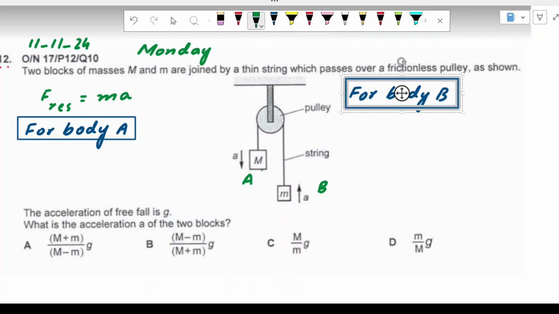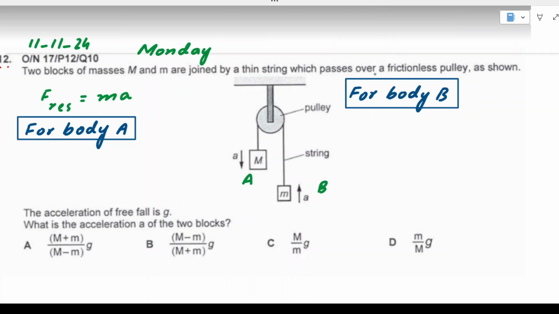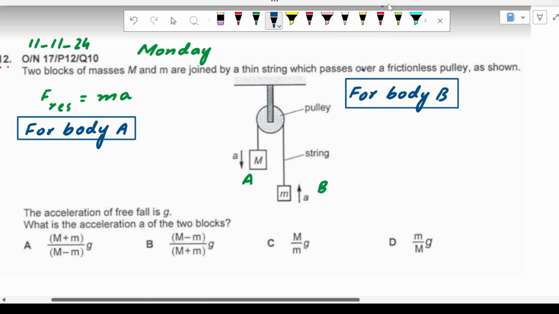Now before you could use that, let me label some of the forces over here. The mass on the left side is m1. Due to that mass, the weight would be vertically downward, first of all, and the weight would be mass times gravitational field strength.